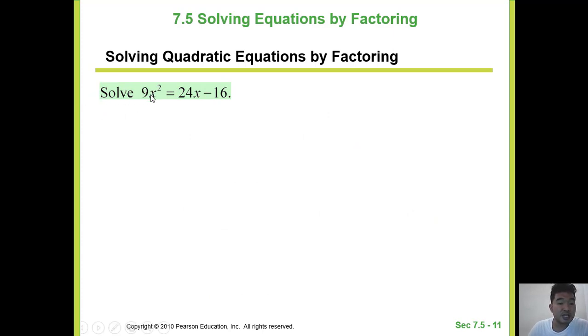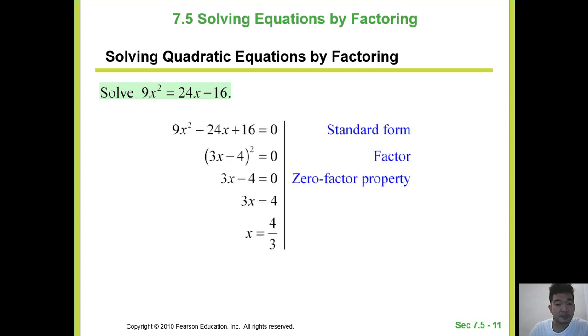The quadratic equation 9x squared equals 24x minus 16. Again, solving this by factoring, the first step is to translate the equation to the standard form. The standard form of the equation would be 9x squared minus 24x plus 16 equals 0.